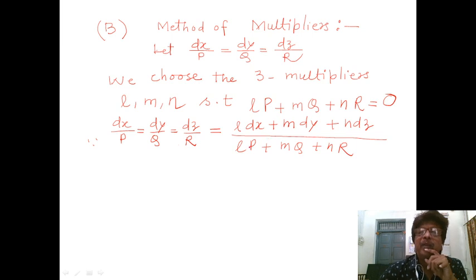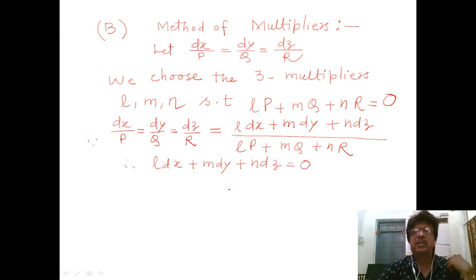So, if LP plus MQ plus NR is 0, what does it mean? That means therefore L dx plus M dy plus N dz is equal to 0. This differential equation, an exact differential equation which is easily integrable, we get after determining the elements.